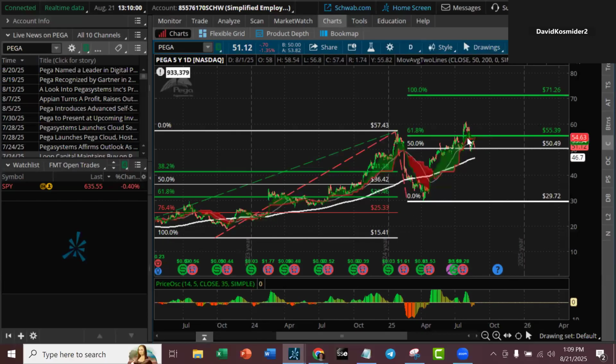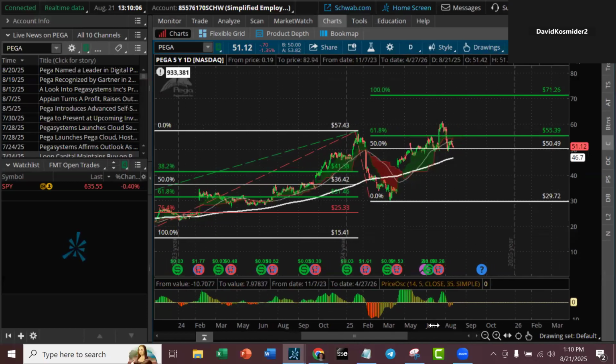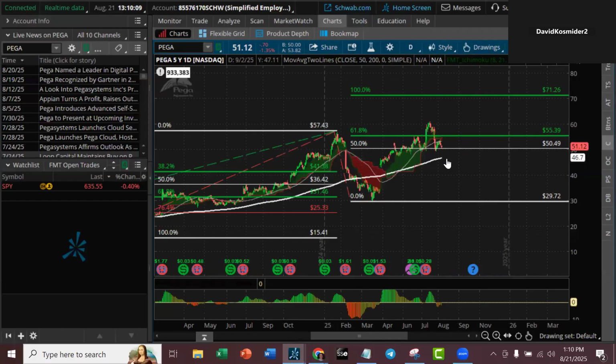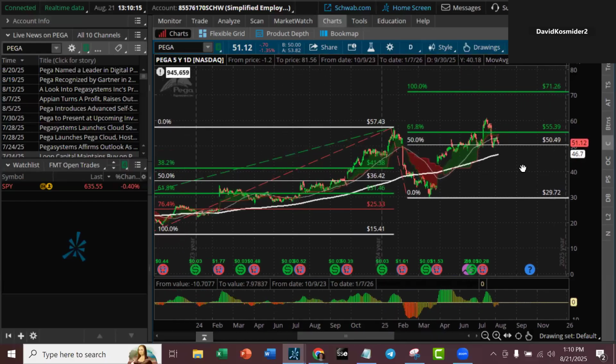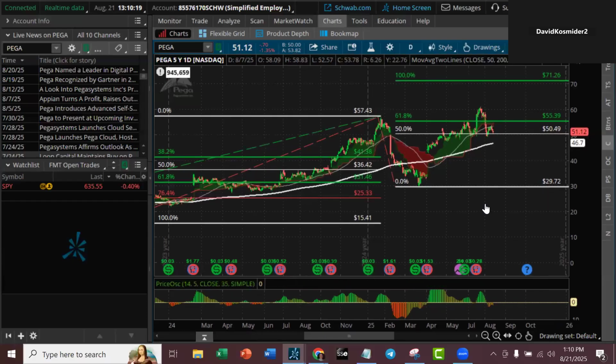And so we've got a pretty clear A and then a B, and now a couple down red bars indicating a C leg going lower. So that's my analysis. So now let's see what our friend says.